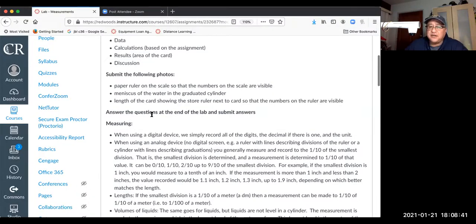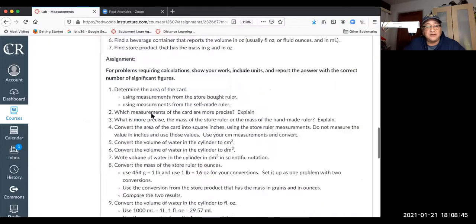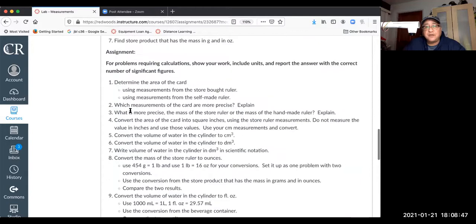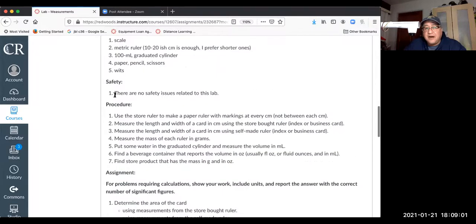In this particular case, the questions at the end of the lab, which I'm going to jump to now, here are the questions. Number one, determine the area of the card using the measurements from the store-bought ruler and using the measurements from the self-made ruler. That's a calculation. So you want to do that calculation, but now I'm going to scroll back up.